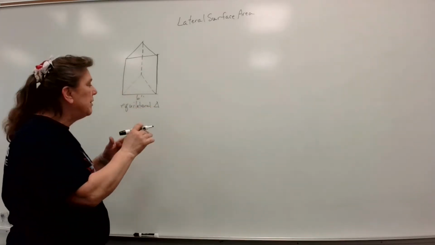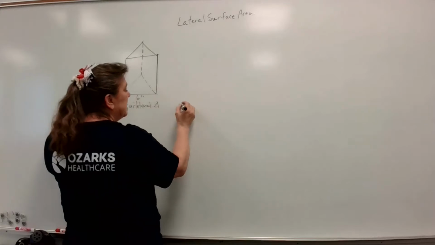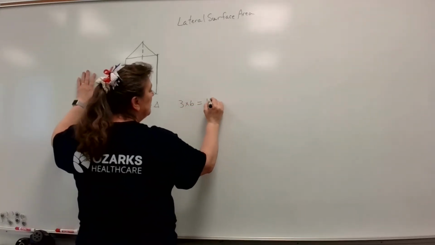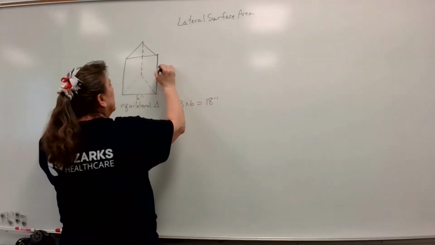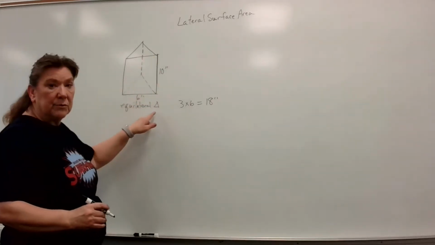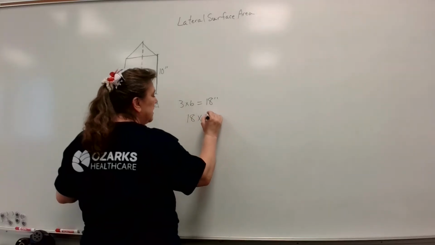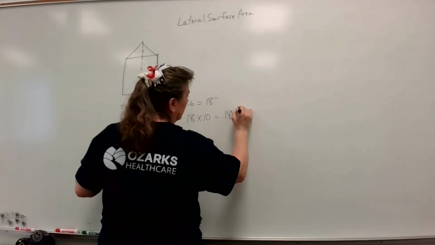So my perimeter would be 6 plus 6 plus 6, which is 3 times 6, since there's 3 the same, making 18 inches. Let's make my height 10 inches. And so then the height of my lateral is 10 inches, so 18 times 10 is equal to 180 inches.